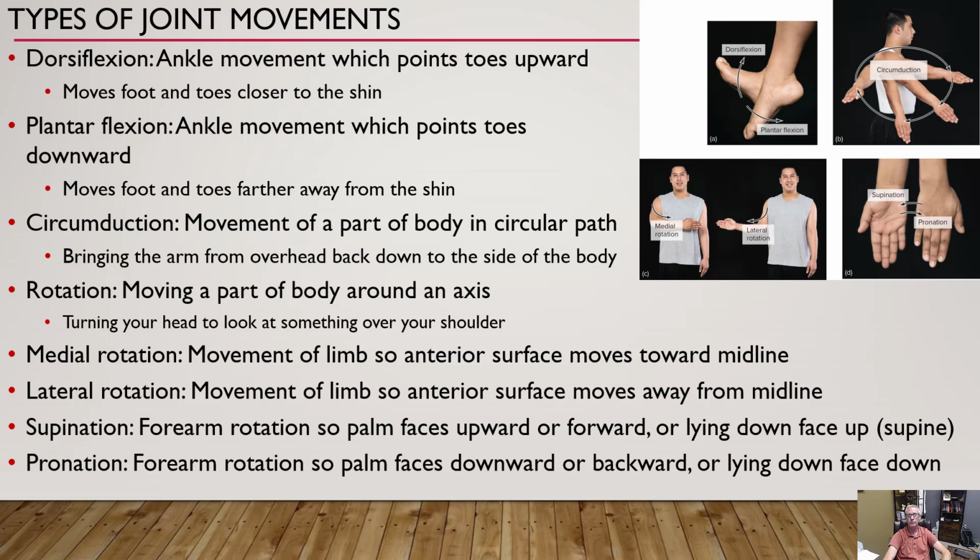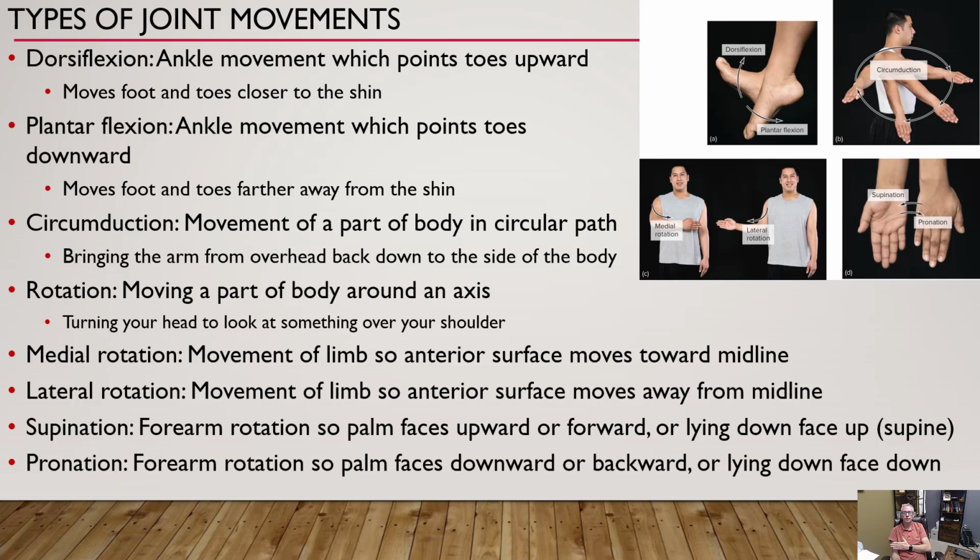Medial rotation versus lateral rotation. Medial rotation is moving a limb so that the anterior surface moves towards the midline. So here, think of abduction versus adduction. So here you are moving your limb towards the midline.